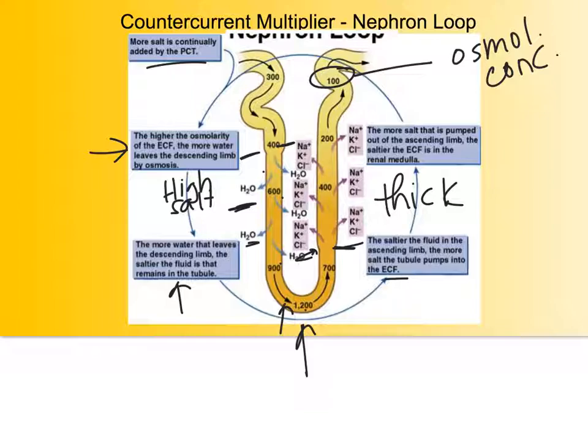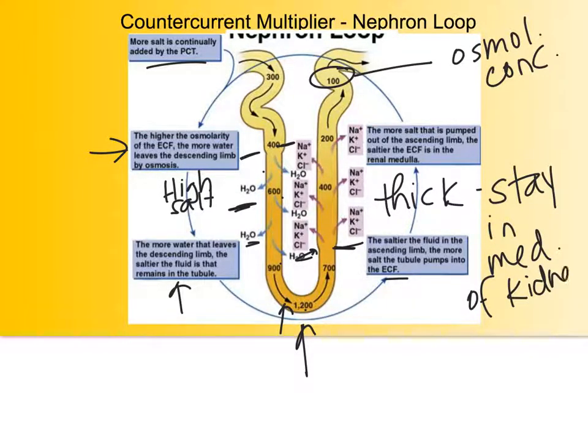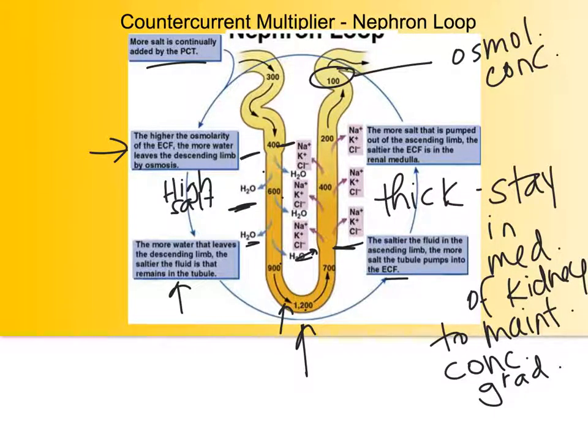So these ions leave, and they stay in the medulla of the kidney to maintain this concentration gradient. We need these ions in the kidney to make sure that we don't lose all the water. The more salt that's pumped out of the ascending limb, the saltier the ECF is in the renal medulla.